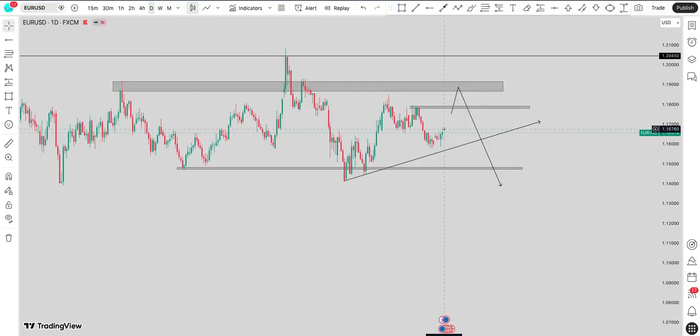I am still very bearish on Euro USD, but in order to take my trade from a very safe zone, I would want the market to come and tap into this zone or this zone. I do not think the market is still interested in this zone, which is around 1.18709.